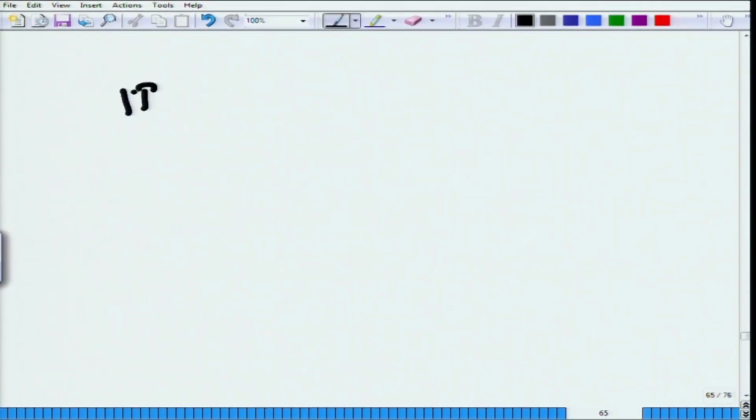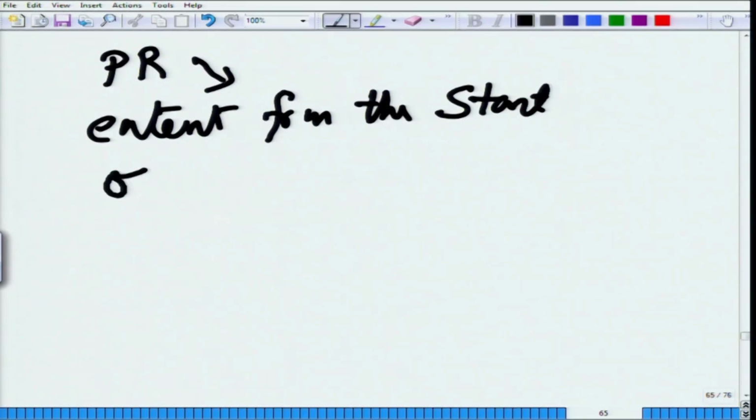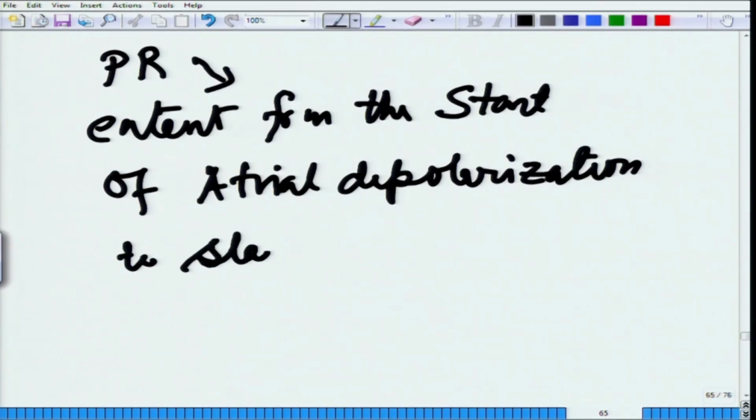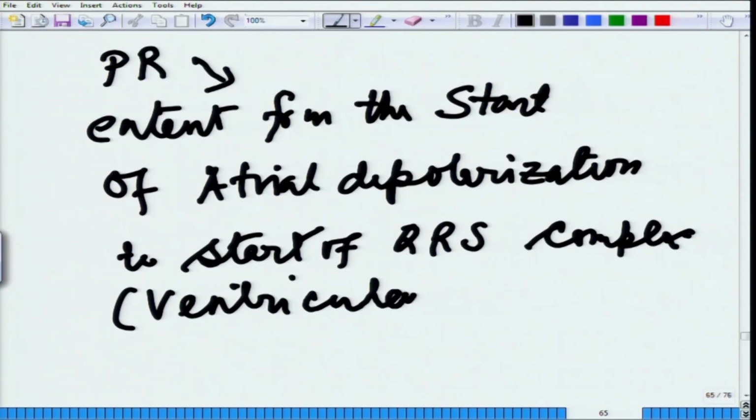The PR interval basically extends from the start of atrial depolarization to the start of the QRS complex, which could also be called ventricular depolarization.